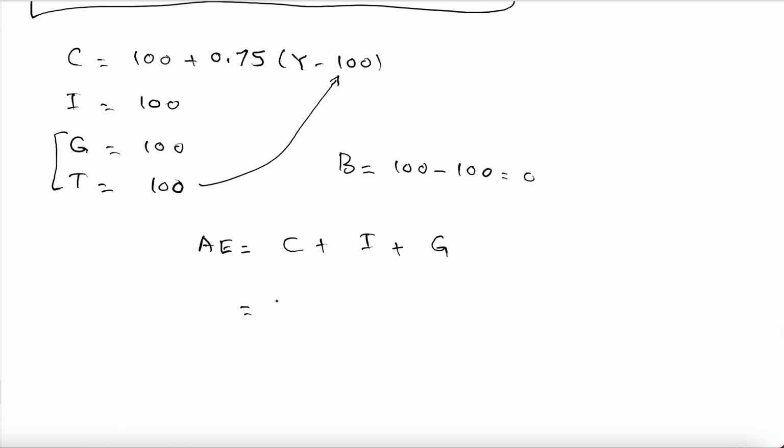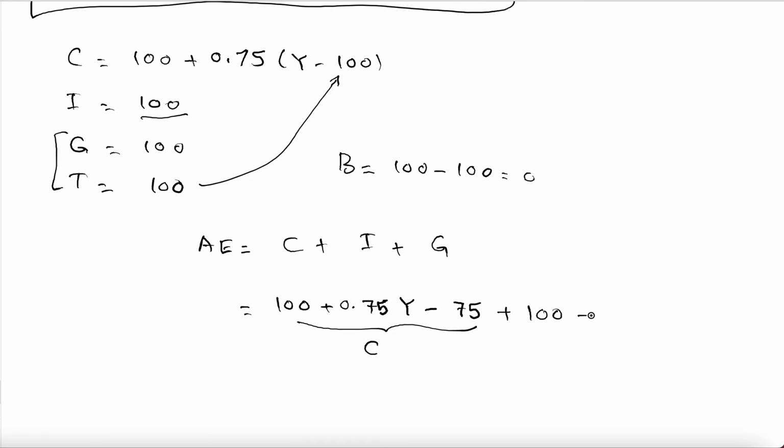So the C is 100 plus 0.75 Y minus, and if you multiply that, it becomes 75. And so this up to here is the consumption. And then what is the investment? Investment is 100. And then we add the government spending.